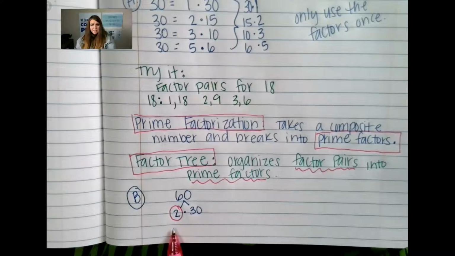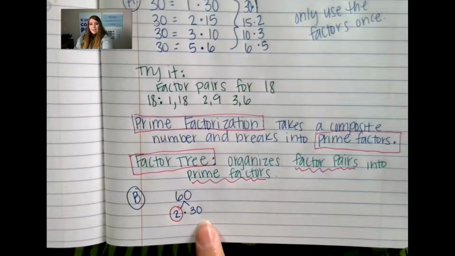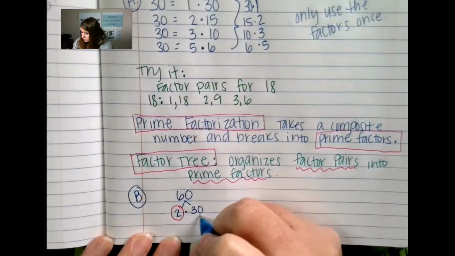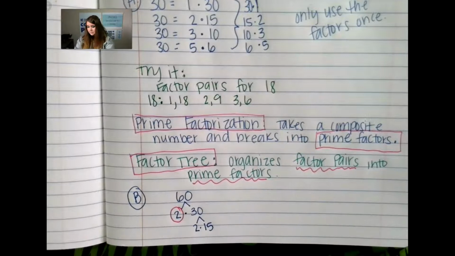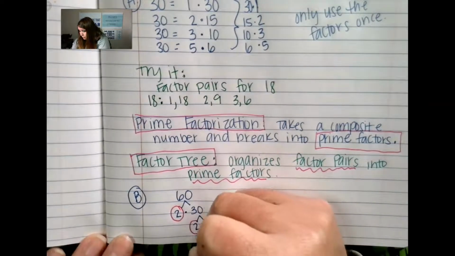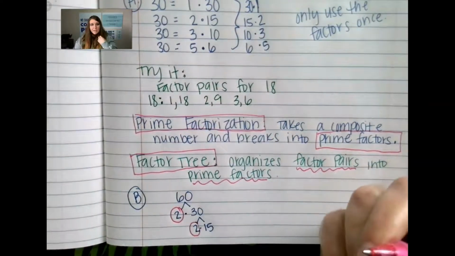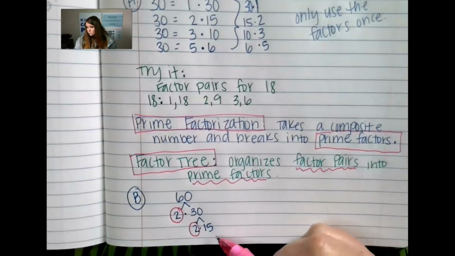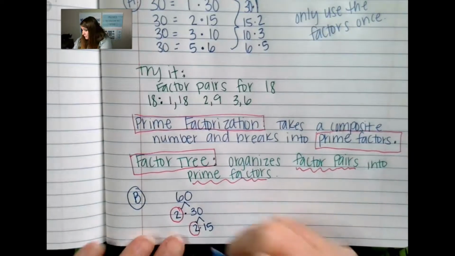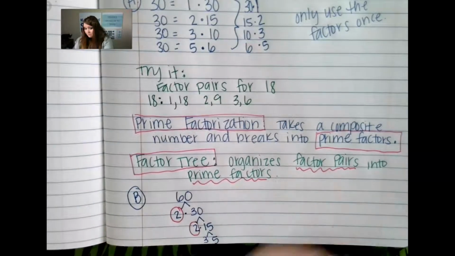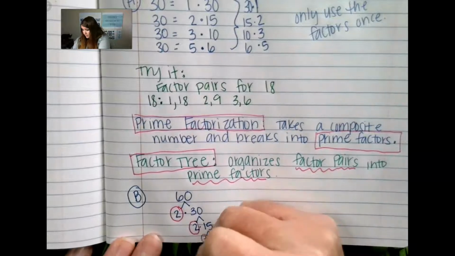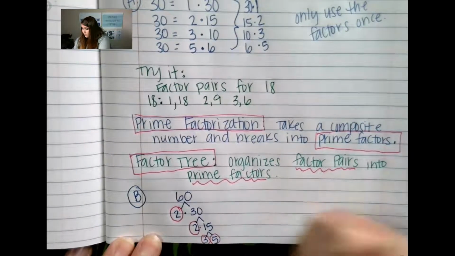I can't break this number up anymore because it's already 1 and itself. But 30 I can break up. I can make 30 by doing 2 and 15. Again, I have another prime number in my tree, the number 2. 15 can be made by 3 and 5. 3 is a prime number, and so is 5.